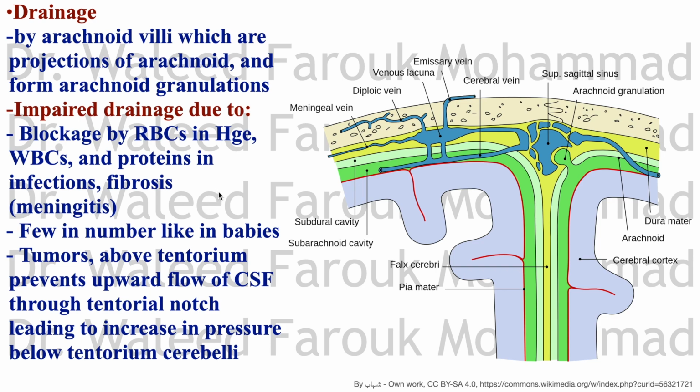They may be few in number in babies, and tumors above the tentorium prevent upward flow of CSF through the tentorial notch, leading to increase in pressure below the tentorium cerebelli.